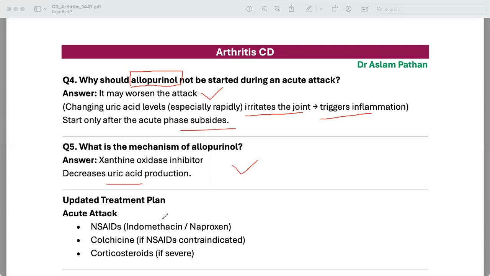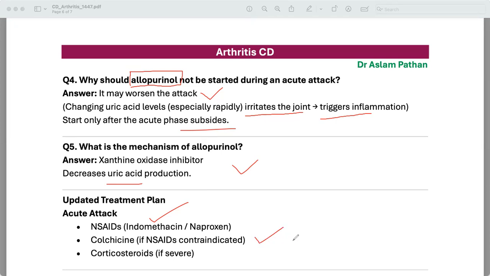For an acute severe sudden attack, we need to give first non-steroidal anti-inflammatory drugs like indomethacin, naproxen, or if the patient gets benefit from diclofenac, it's okay. Then colchicine, when indomethacin or naproxen gives no benefit or is contraindicated.